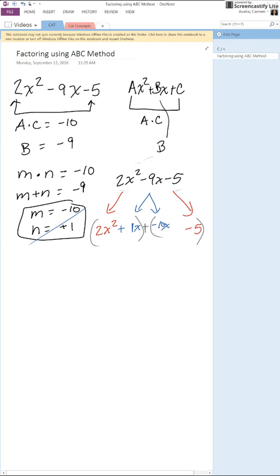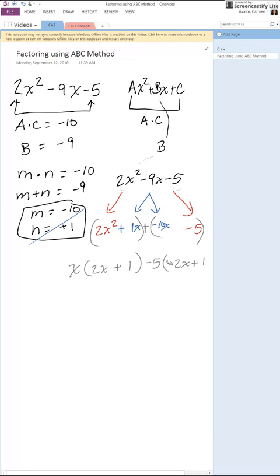All right, so the next step is to factor out of the first two terms, and that is an x, and what I'm left over with is a 2x plus 1. And then I could factor out a negative 5 from there, and I'm going to have a negative 5 times 2x plus 1.